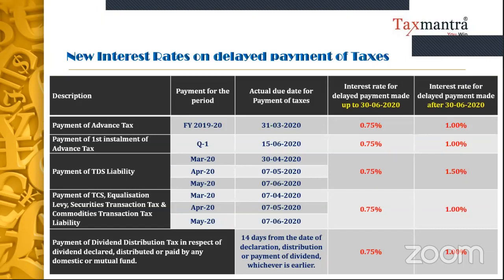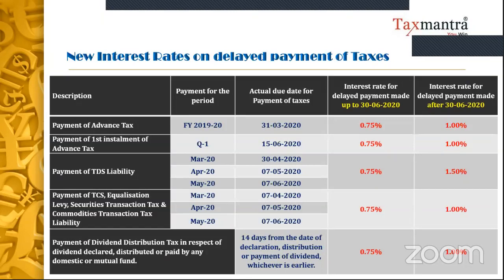Regarding TCS, equalization levy, STT and CTT liability payment, the due dates would be the 7th of April, 7th of May and 7th of June for the months of March 20, April 20, and May 20 respectively. If the taxpayer makes the payment within the due date, there will be no interest.